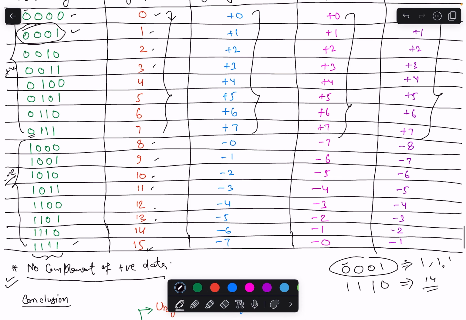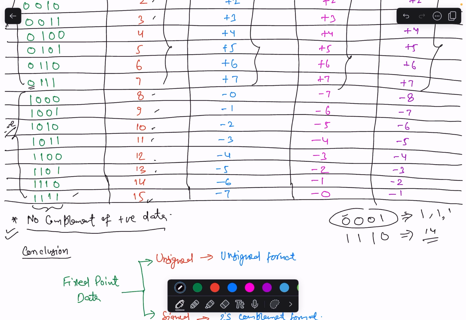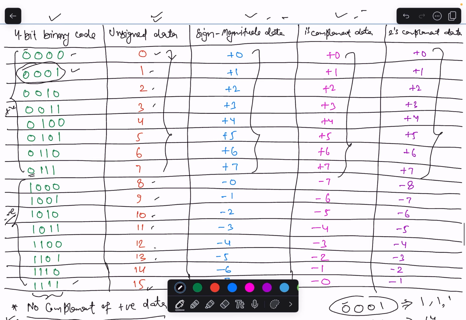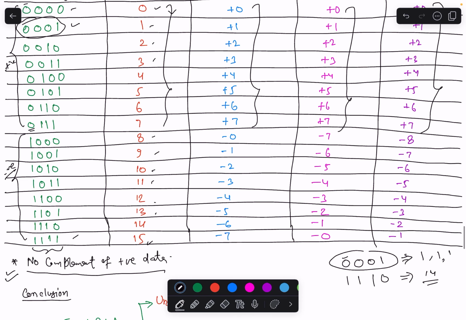We don't invert the bits and add 1 to find two's complement for positive numbers. Now the values in the sign, ones and two's complement formats will change only for the negative numbers.